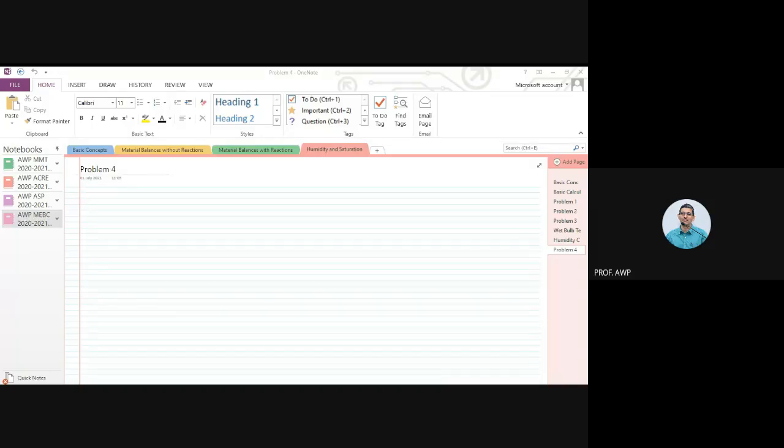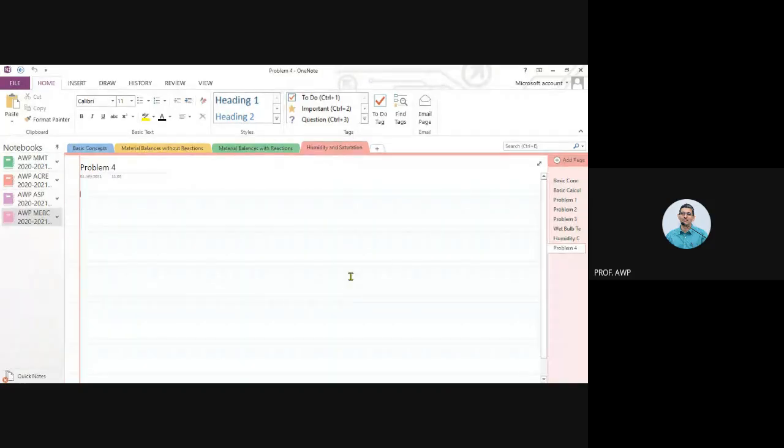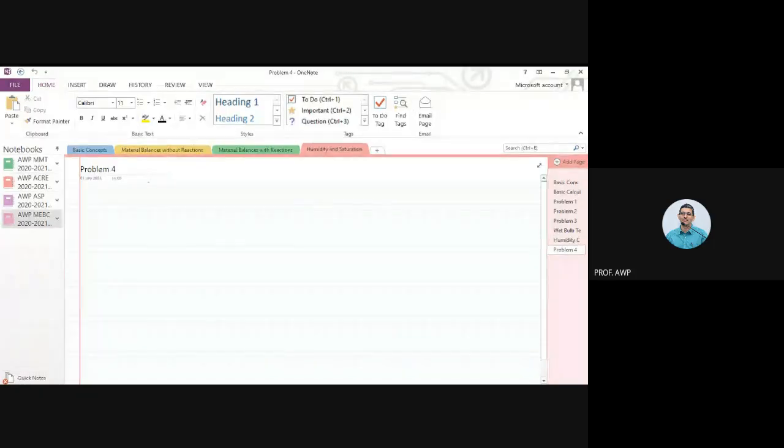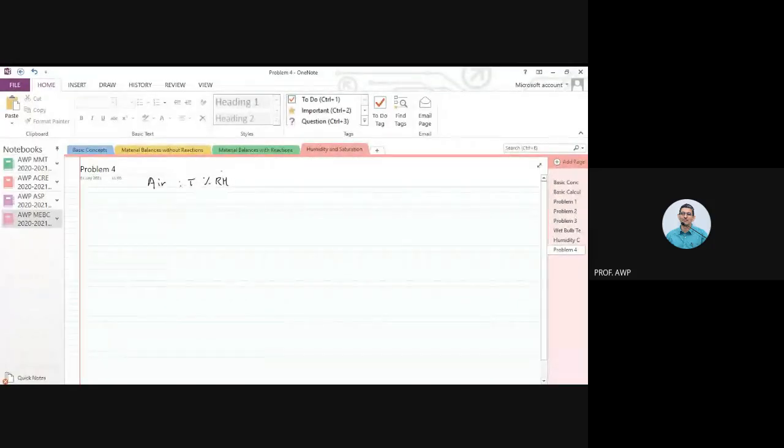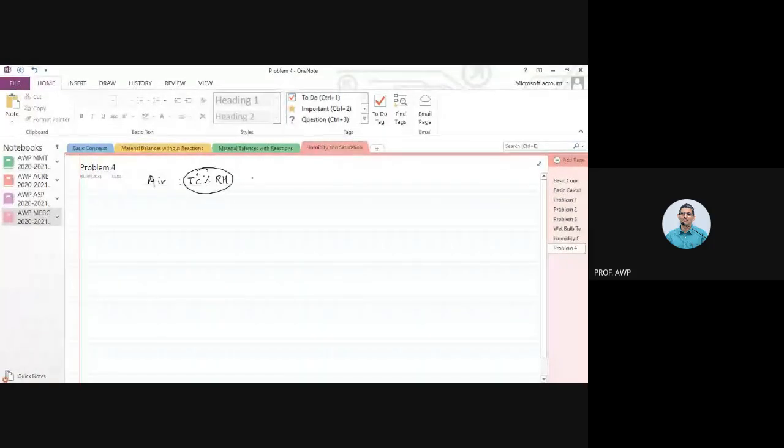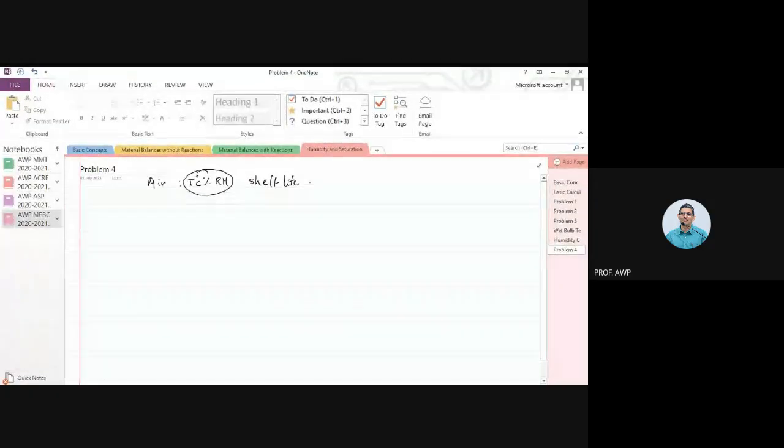So some combination of temperature and water vapor you would like to maintain. Many times you would like to have air which has a certain temperature and a certain percent RH, and this is very critical to the shelf life of the product. Many drugs fall in this category.